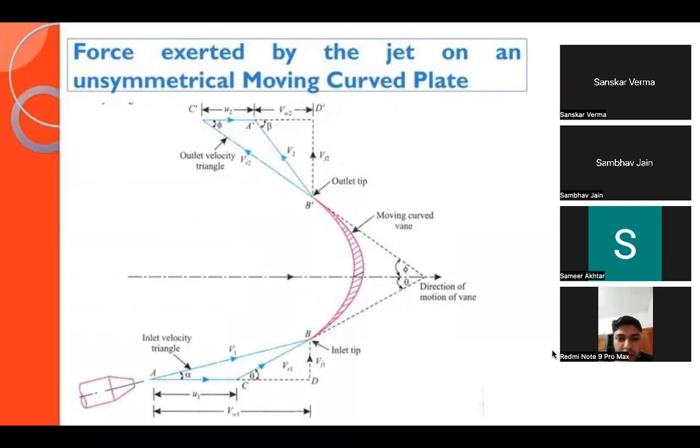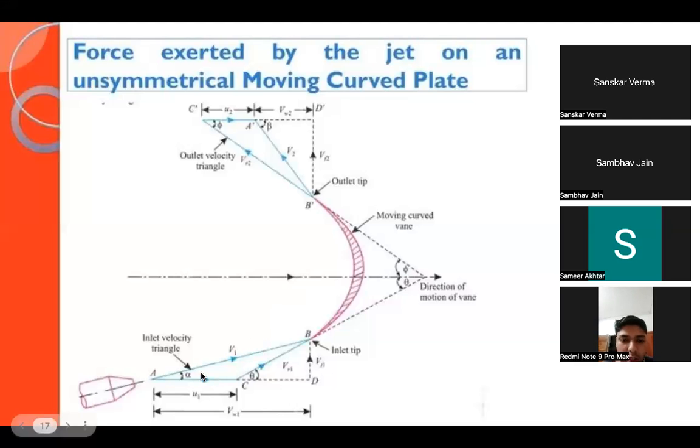Like previous cases, we are moving the plate, but the plate is still unsymmetrical. So the condition added is that the relative velocity of the jet should match the angle of the blade at the inlet.